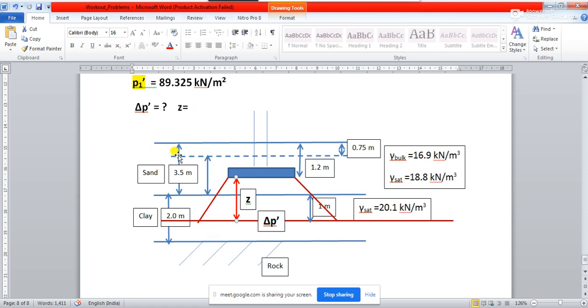So from here to here, you know what is the depth? 3.5 meter. The depth of the footing is 1.2 meter. So that means from here to here, the depth is 3.5 meter minus 1.2 meter. So basically what he has said, that is 3.5 minus 1.2.